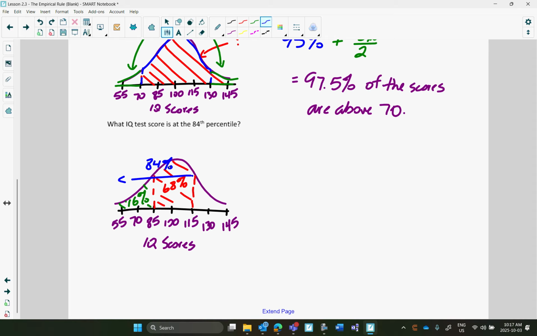Does that make sense? So what you can always do is start with the middle. When you answer a question like this, like if it said, which score was at the 16th percentile? Well, start at 50, and you know that 50 is below, so it's going to be one of these that gives you the answer.